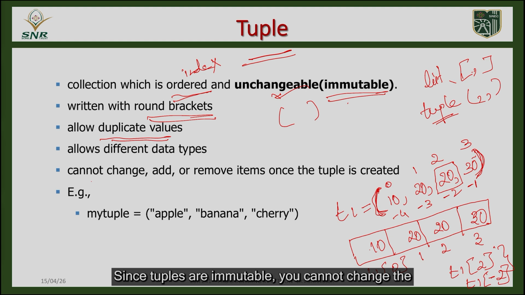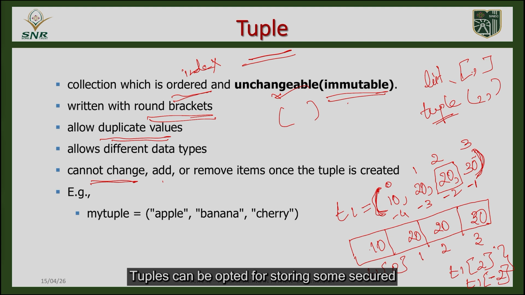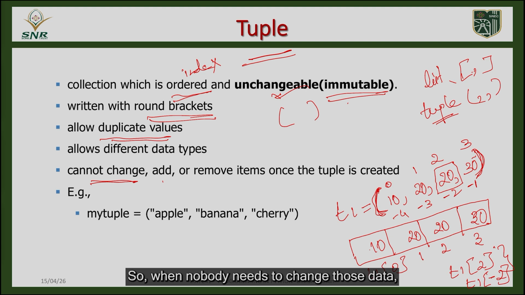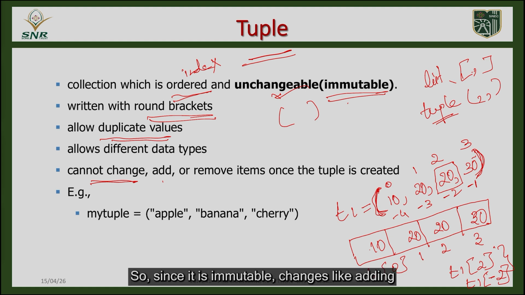All right, since tuples are immutable, you cannot change the values. Tuples can be opted for storing some secured values when the programmer feels those values need not be changed. It is rigid. When nobody needs to change those data, you can put it inside a tuple instead of a list. Since it is immutable, changes like adding or removing cannot be done.